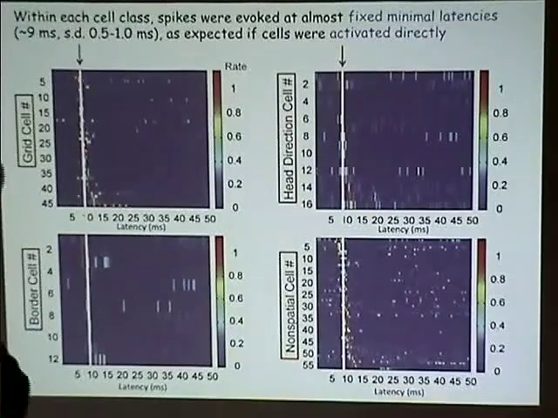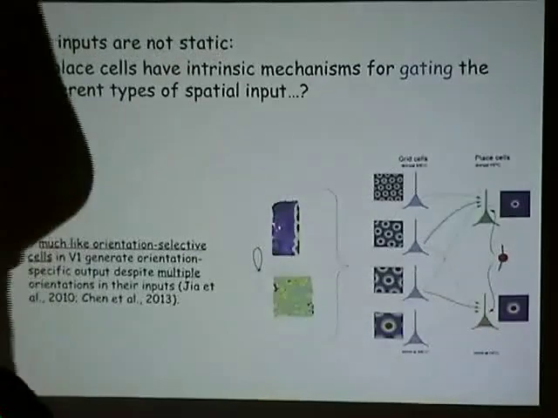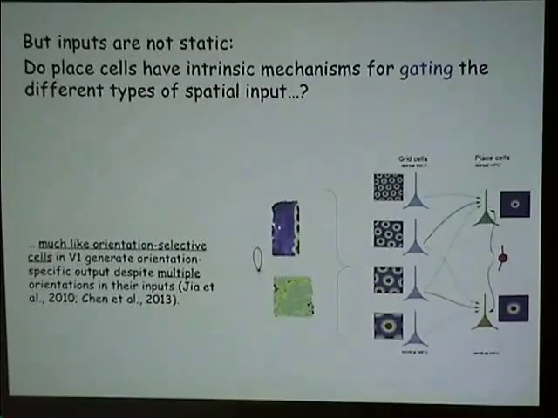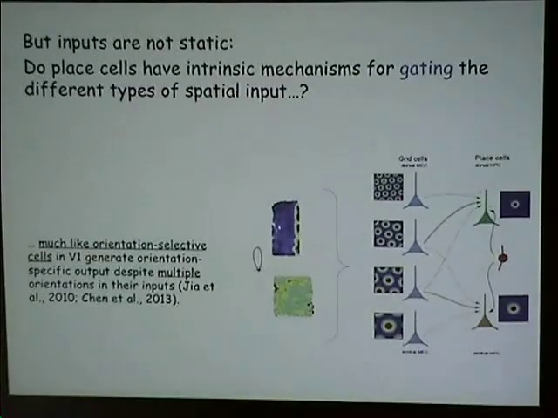All right. So when you go back to these multiple inputs, what does that mean? It's not necessarily the case that those inputs are the same all the time. On the contrary, that's maybe quite unlikely. So could it be that over time the contribution of different types of cells may vary?